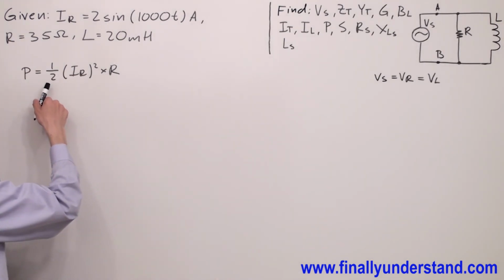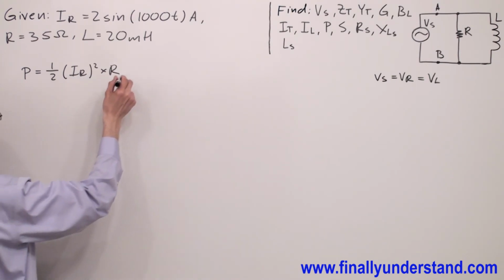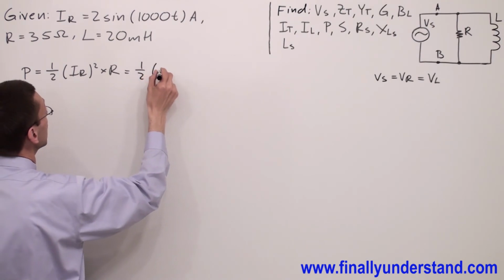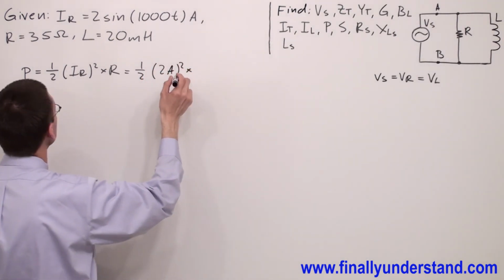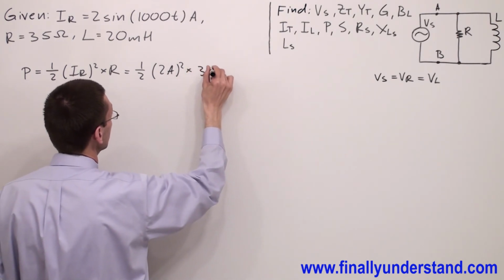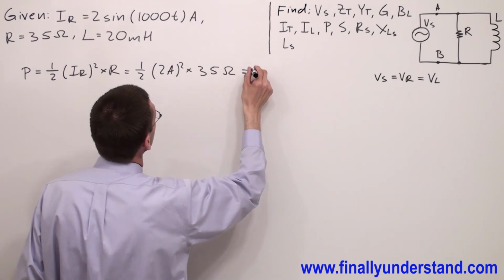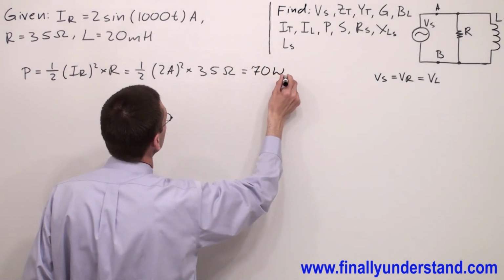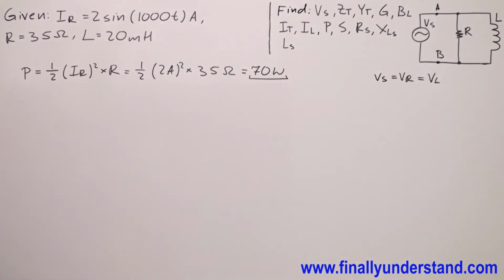So that's why I have to use the formula 1/2 IR squared times R. So this is equal to 1/2 and I have 2 amps squared times the resistance, which is equal to 35 ohms. This is equal to 70 watts. Okay, this is my true power.